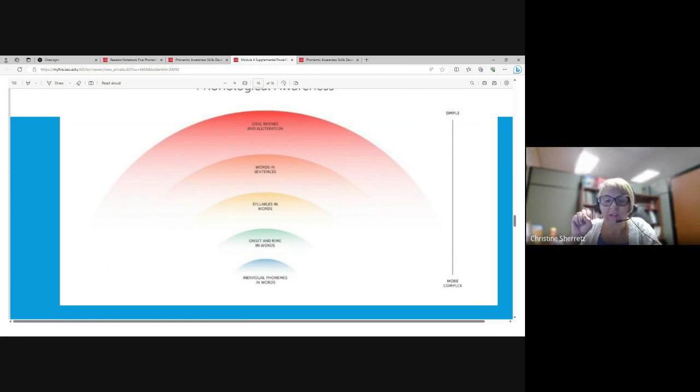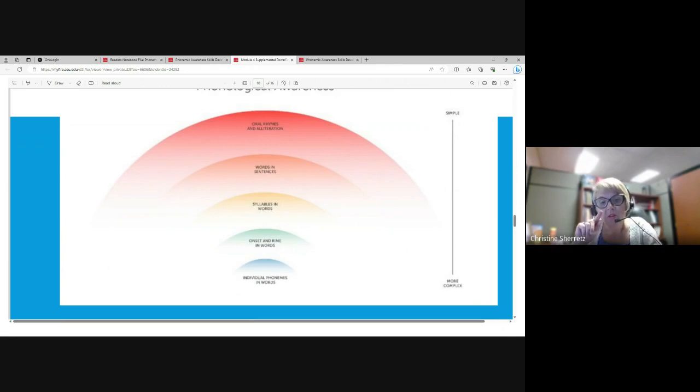That's the individual sounds. If I said the word bat, children need to know that it has 3 phonemes: b, a, t. If I said the word way, as in what is the way home, that has 3 letters, doesn't it? But it only has 2 phonemes: w, a. Way, 2 phonemes.